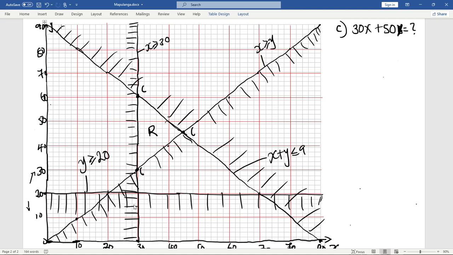So this point of intersection here we have 30, 30. So that's what my graph is telling me. So you have to check also what your graph tells you. So here we have that point is 30, 60.